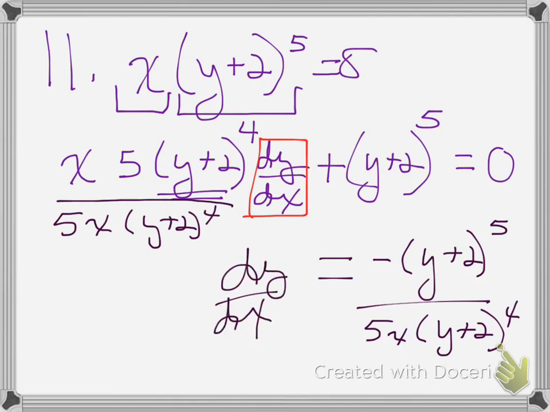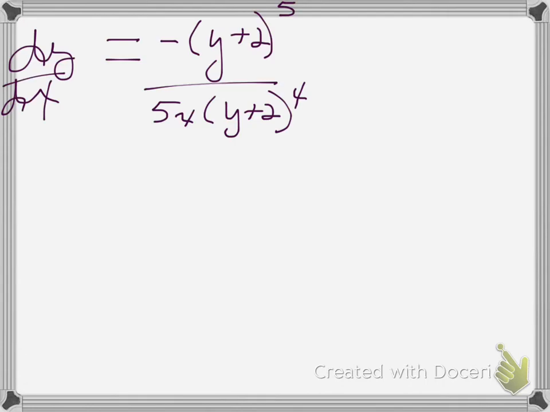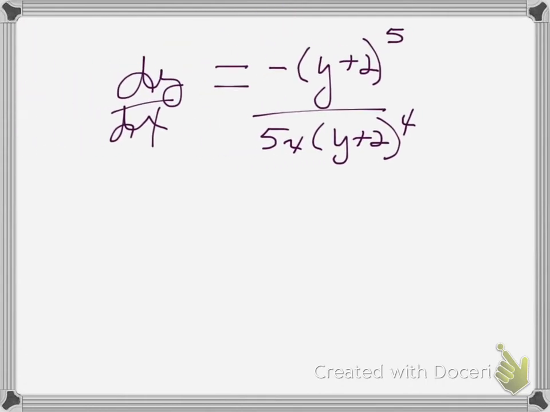Now, what do you think about this? Do you see the numerator and the denominator both share a (y + 2) to the 4th? So let's cut this out. We're going to put this on the next page, and let's see what we can do with this.